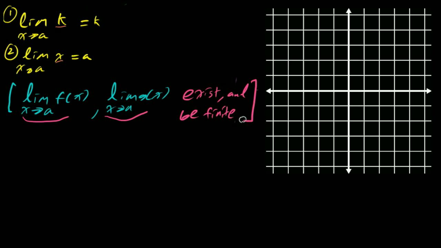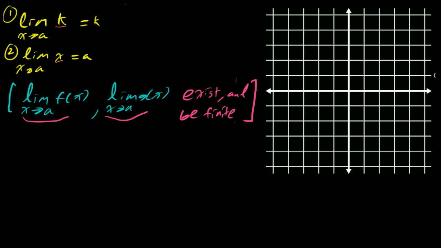They had to exist and they had to be finite numbers like 2 or 7 or pi or whatever constant. We couldn't have one of these limits be equal to infinity. So one of the questions you might be asking yourself is, what can we say about limit problems when we don't have this condition met?